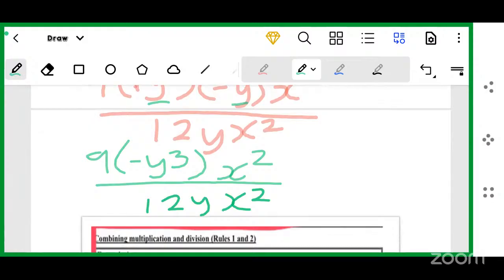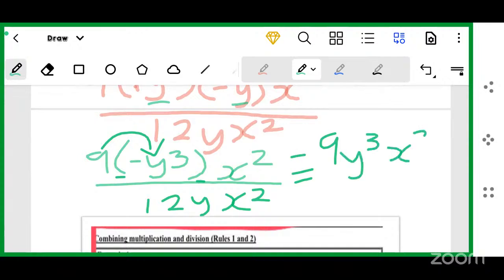Okay, perfect. So now what's left is we open the brackets. We're going to say 9 multiplied by y to the power of 3. So let me just write it here. We're going to have 9, which is negative, y to the power of 3, x to the power of 2, all over 12x to the power of 2.